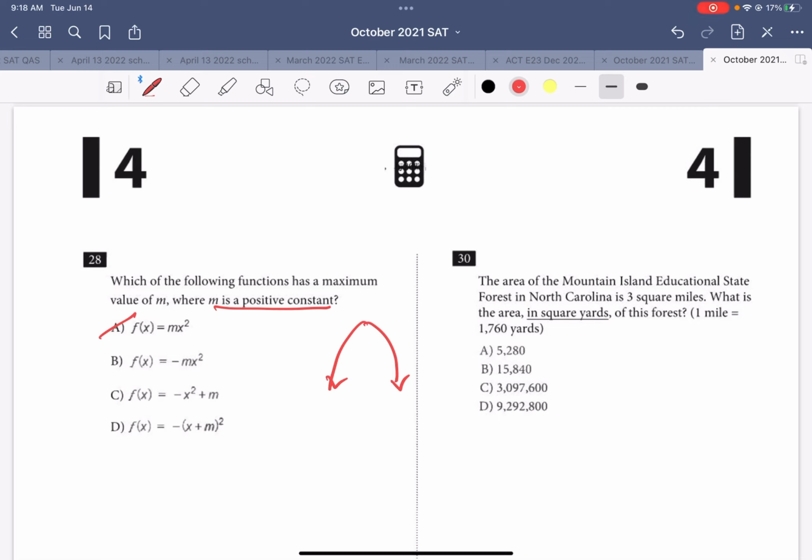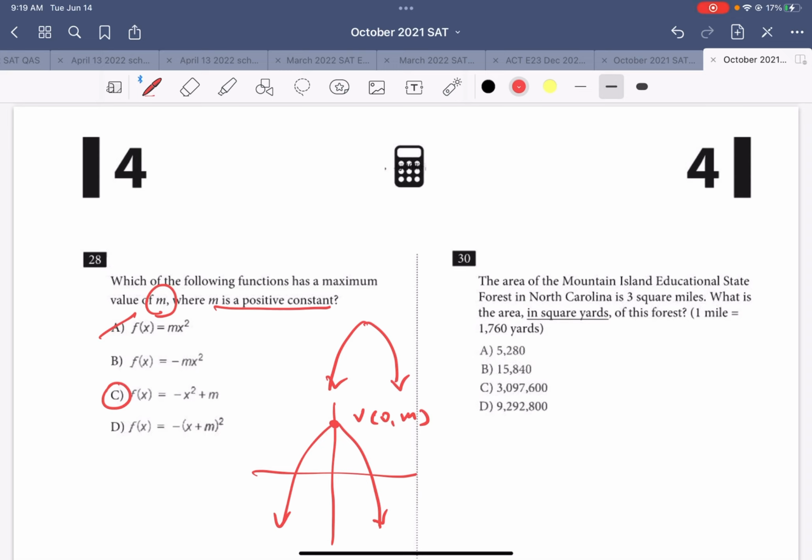And then as a maximum, the value of m, m itself is the maximum. So then it shows only this, right? Why? When you graph it, that's 0, m. So your vertex is 0, m, so it has a maximum there.